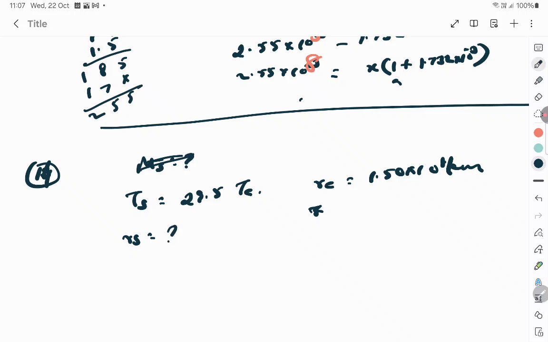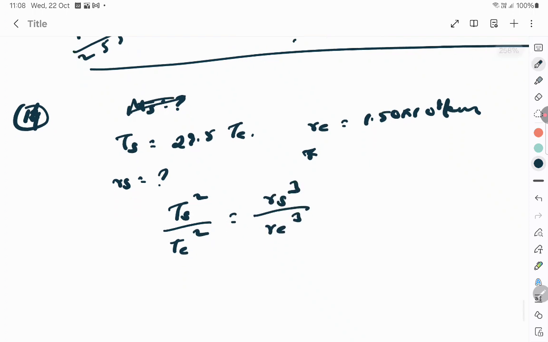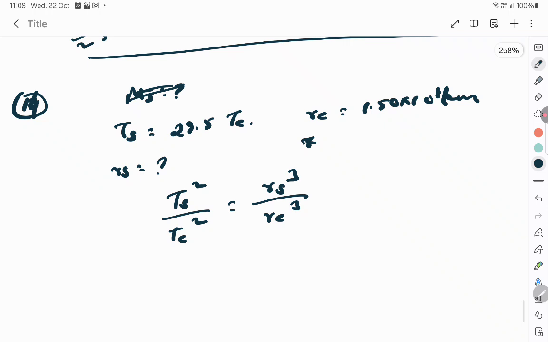And you know that the time period of the Saturn, T squared is proportional to r cube, so time period of Saturn the whole square by time period of the Earth the whole square is equal to radius of orbit of Saturn the whole cube by radius of orbit of the Earth the whole cube. So it's 29.5 times TE, whole square, into TE square by TE square, where TE square gets cancelled.